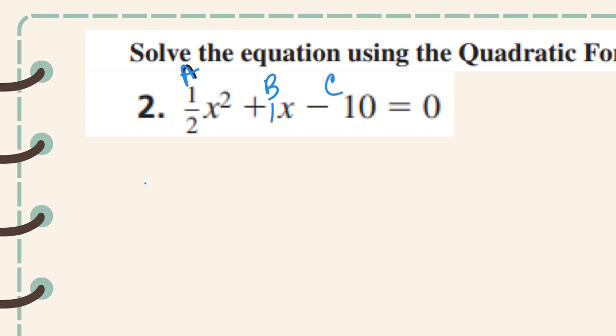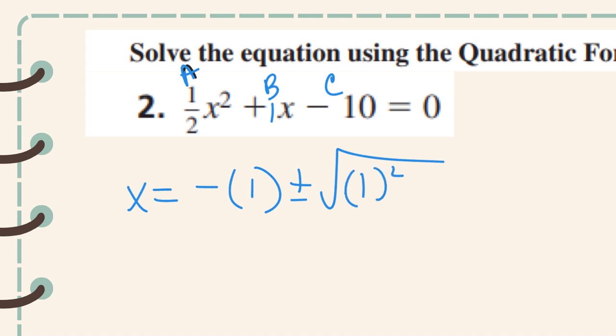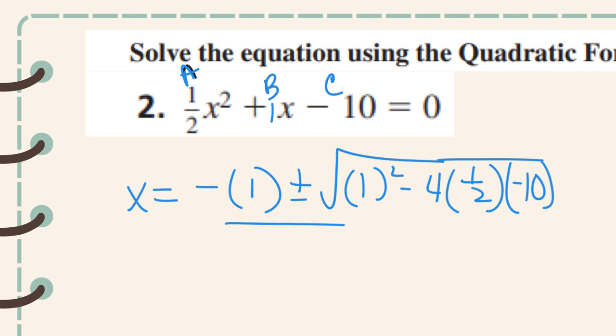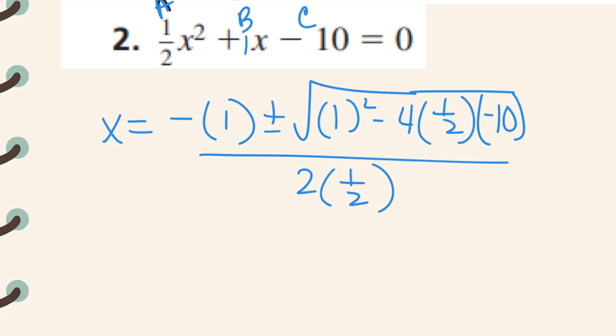Plug in our formula. X equals negative 1 plus or minus the square root of 1 squared minus 4 times half times negative 10, divided by 2 times half.